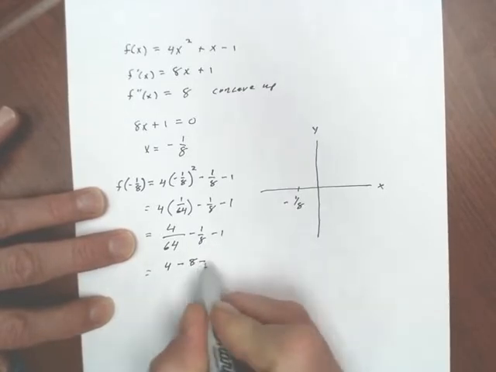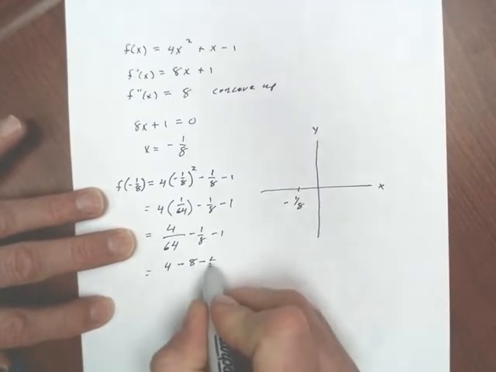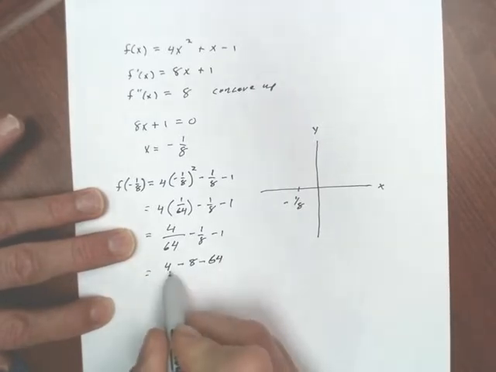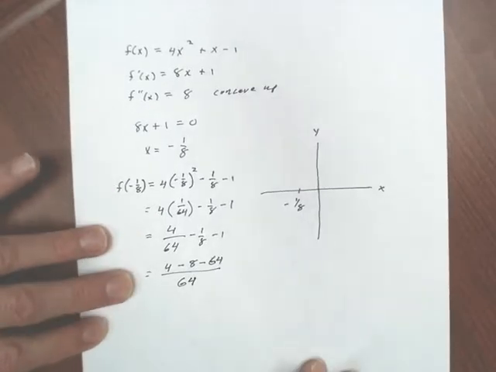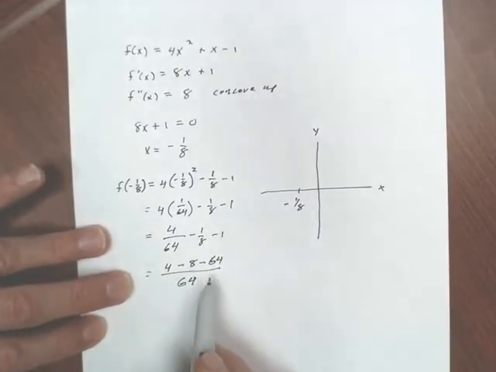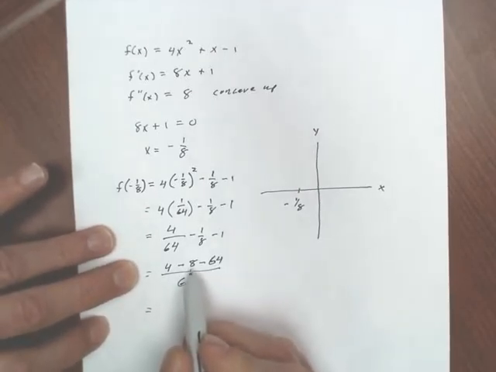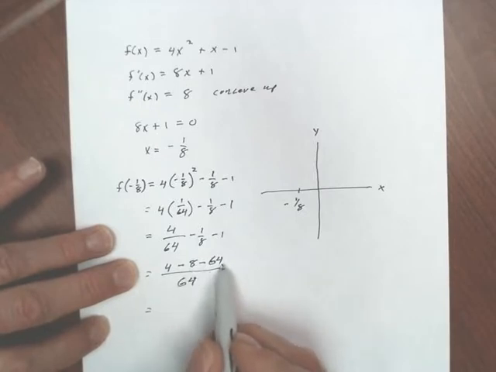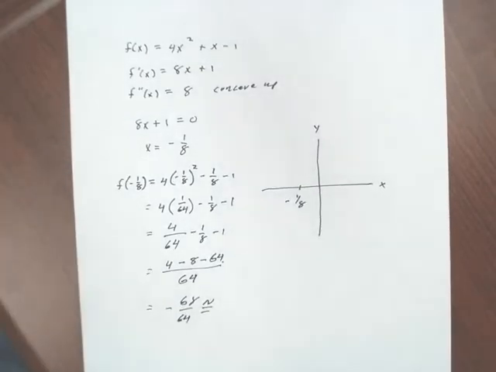And of course, 1 goes into 64 64 times, divided by 64. Okay, so that gives us 4 minus 8 is negative 4, minus 64 is negative 68/64.